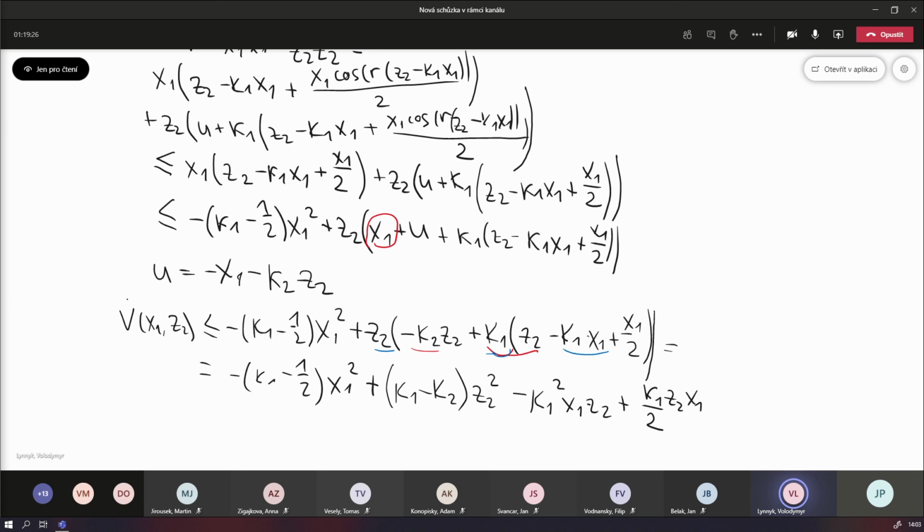And V dot from x1 z2 equal to x1 z2 times a matrix, and this first term with x1 squared is minus here.